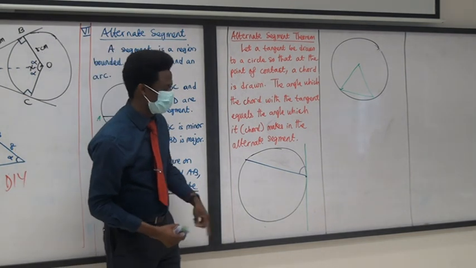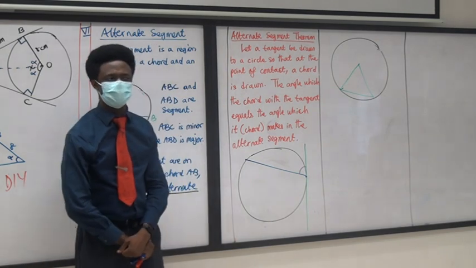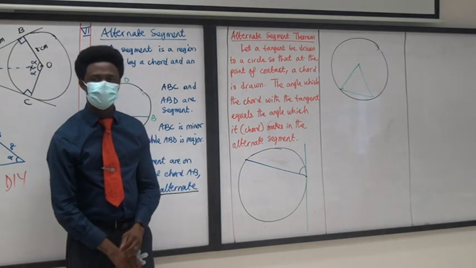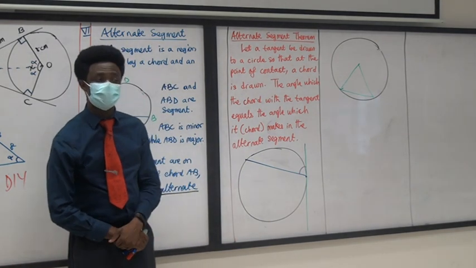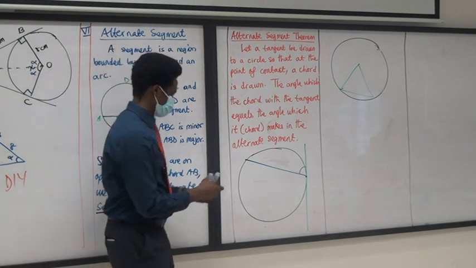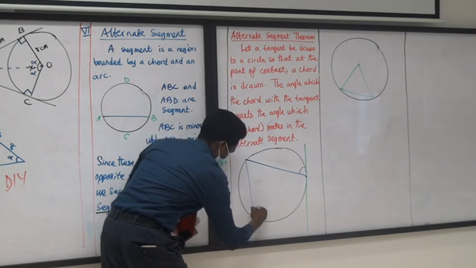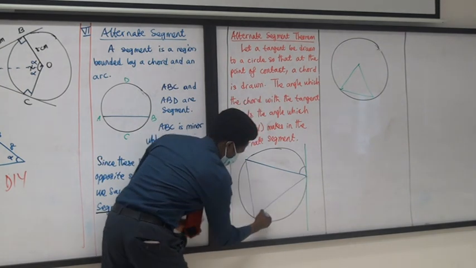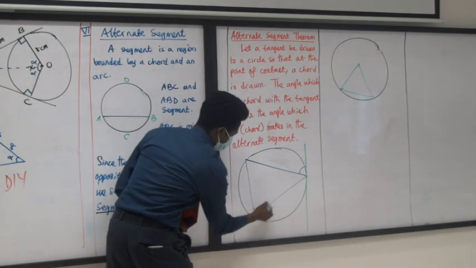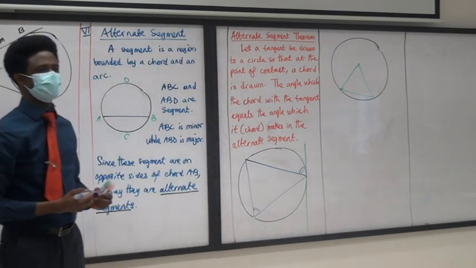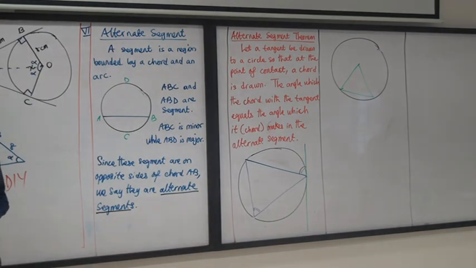Looking at this now, this purple angle is in which segment, major or minor? Minor. It means the alternate segment is major or minor? Major. This is the major, right? The same chord. These two must be the same value. That's what the alternate segment theorem says.